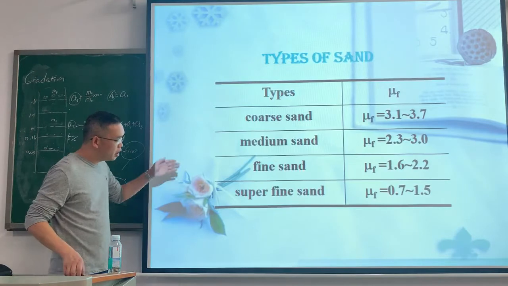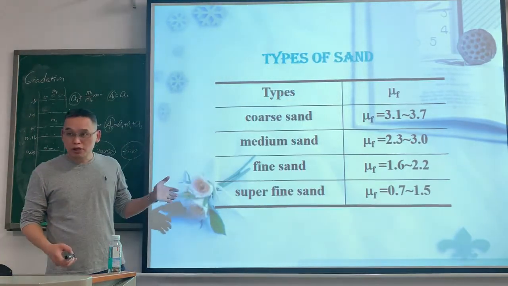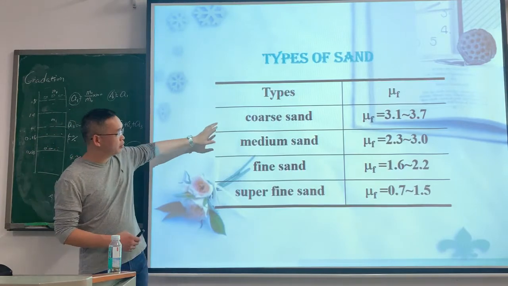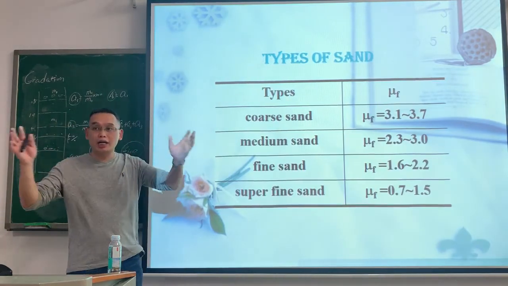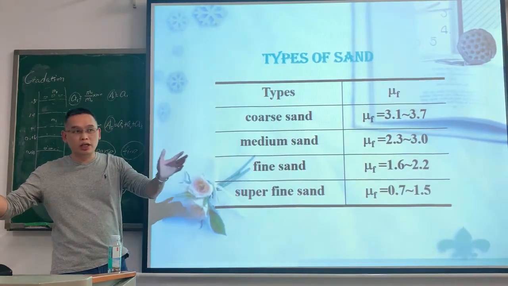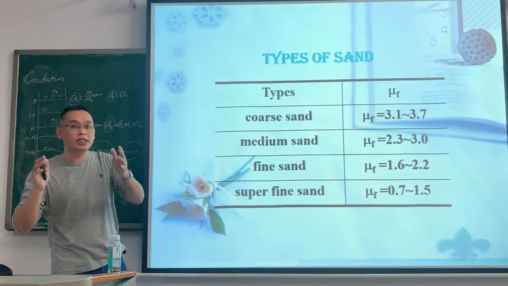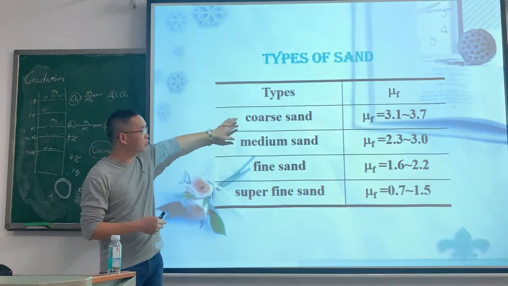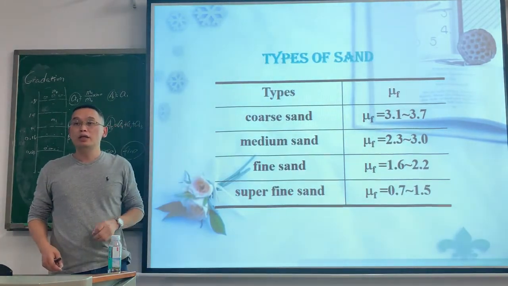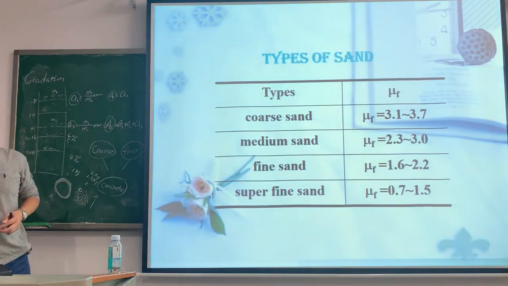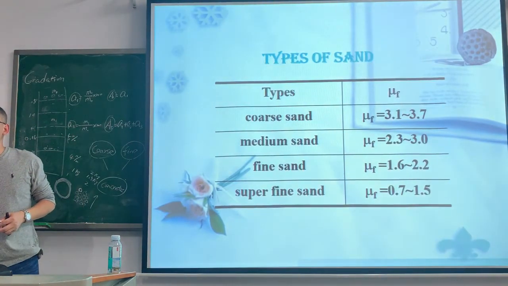So for field construction, if other performance requirements are satisfied, we are likely to use some coarse aggregate to decrease the cost, because the amount of cement paste is increased. It means what?